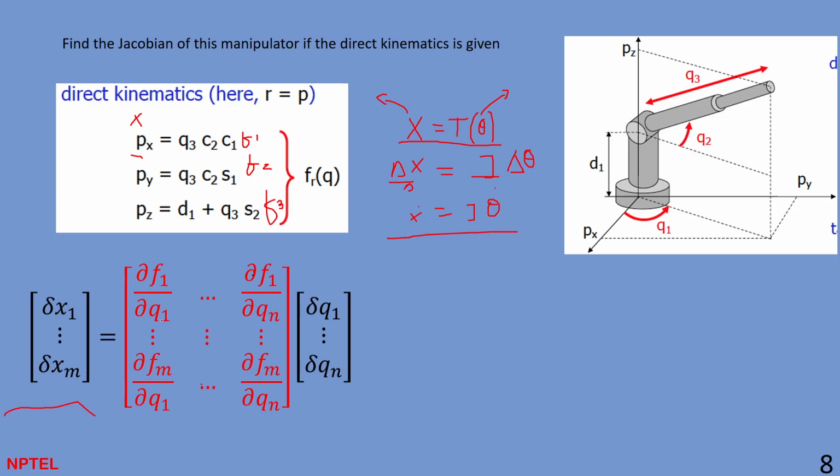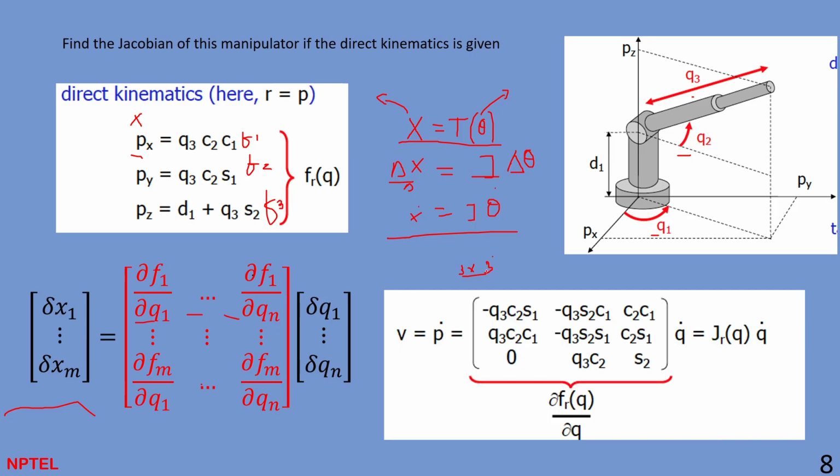You need to differentiate with respect to q1, q2, q3. So it will be 3 cross 3 because there are three things. It will be something like this.